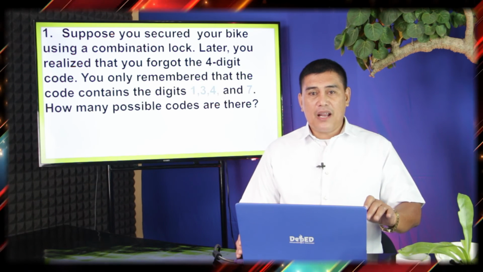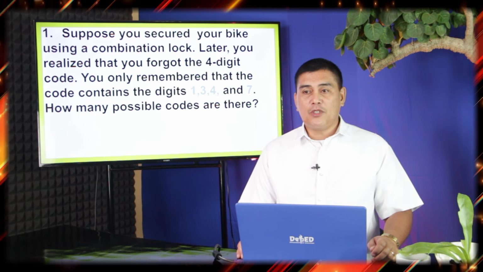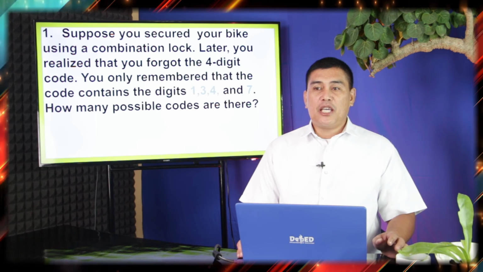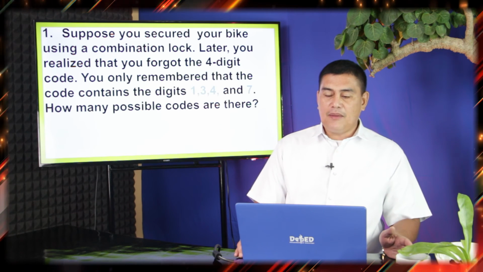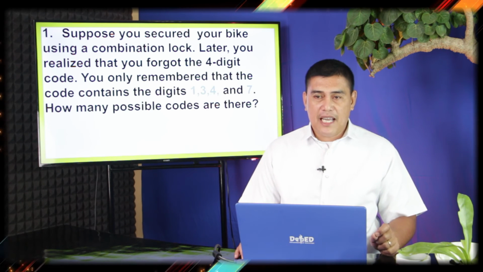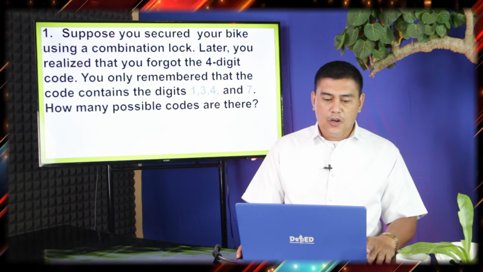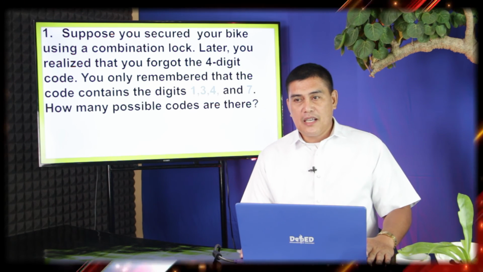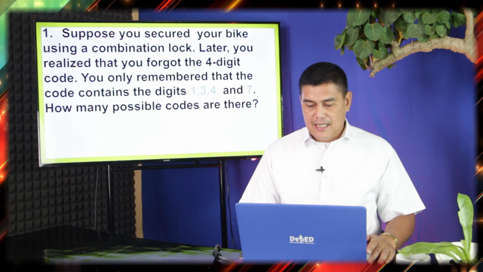In the tens place, we have 2. And in the ones place, we have 1. All you have to do is multiply. So 4 times 3 times 2 times 1 is equal to 24 ways, or 24 possible codes.